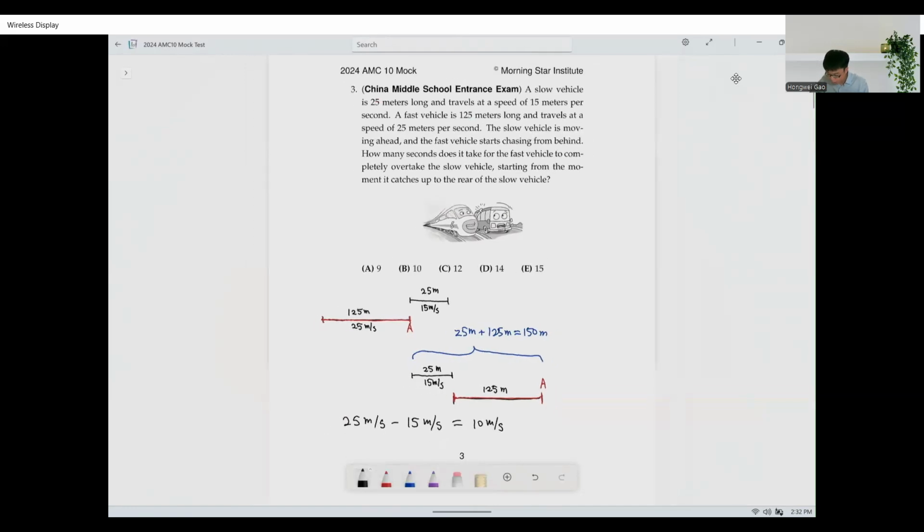So we use the distance divided by the speed, that's the time. The distance to catch up is 150 meters divided by 10 meters per second, it is 15 seconds. So the answer is E, 15.